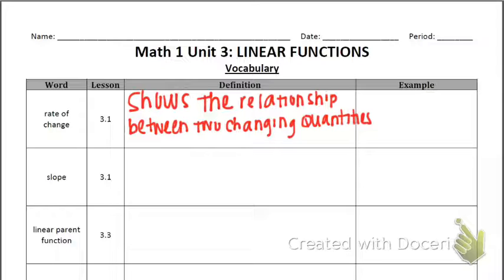So rate of change, an example would be your change in your dependent variable over the change in the independent variable.